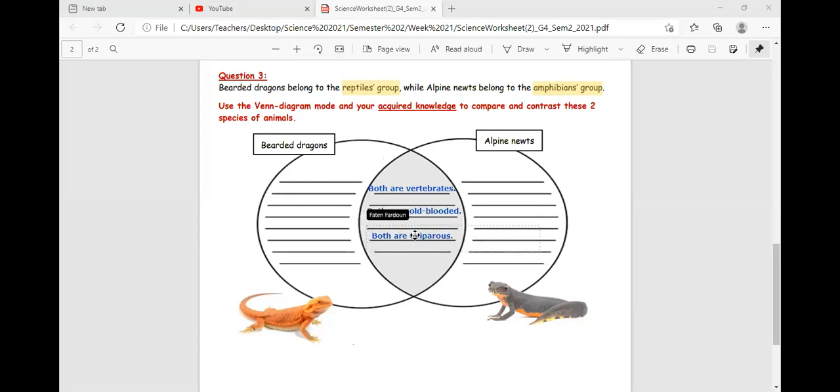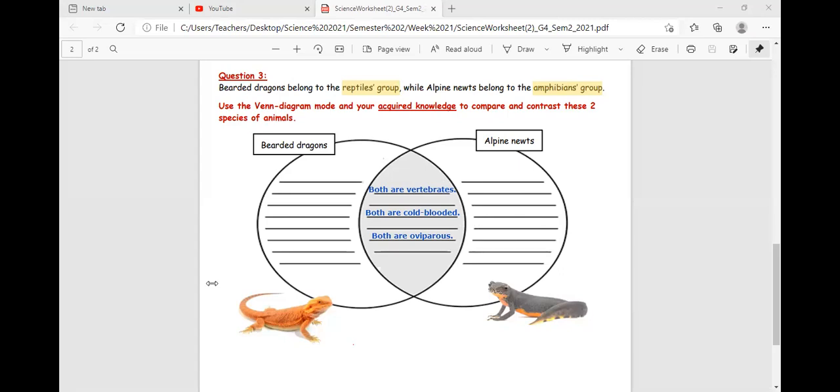Excellent job. Now the difference between these two animals. Who still didn't give any answer yet? Me. Who are you? Tell me your name.